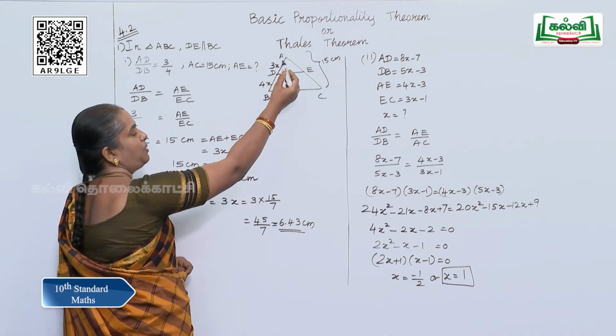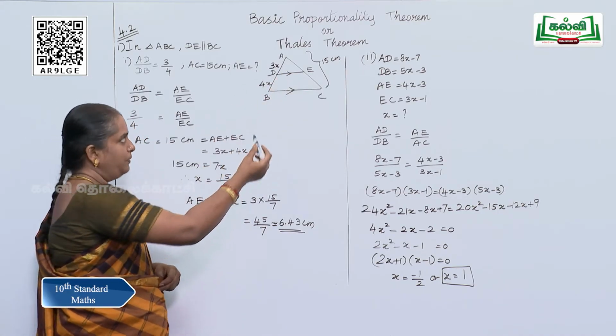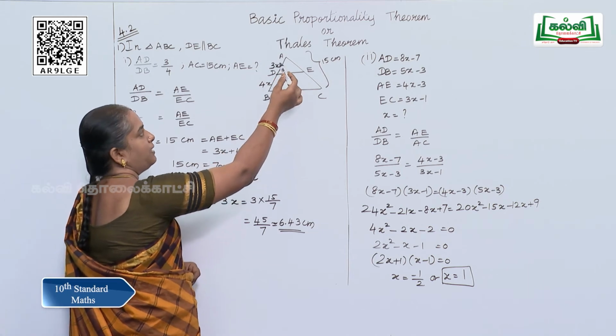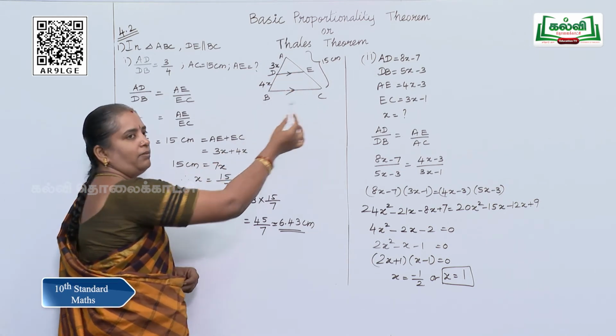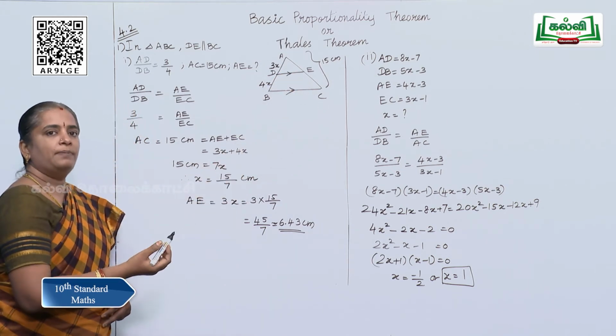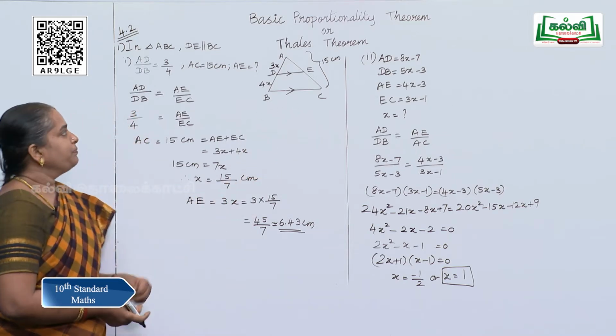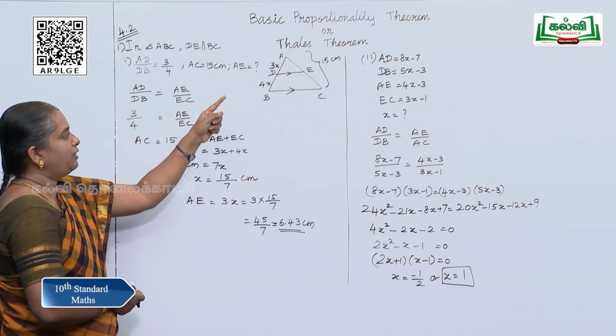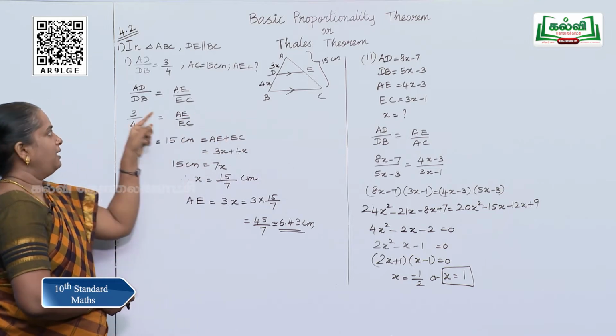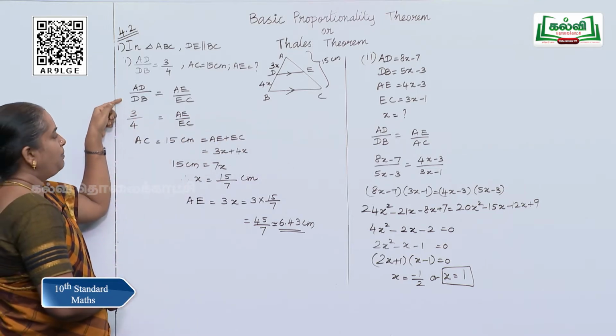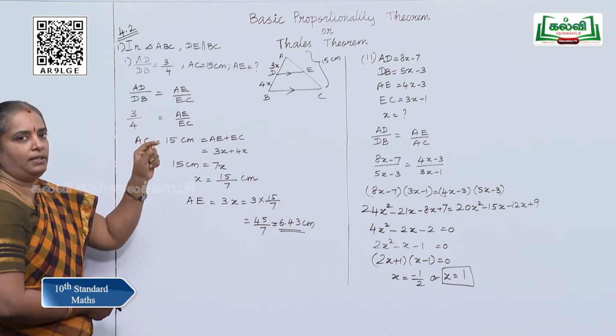What is the basic proportionality theorem? It says that the ratio with which the parallel line divides one side will be equal to the ratio with which it divides the other side. So, AD by DB is equal to AE by EC.